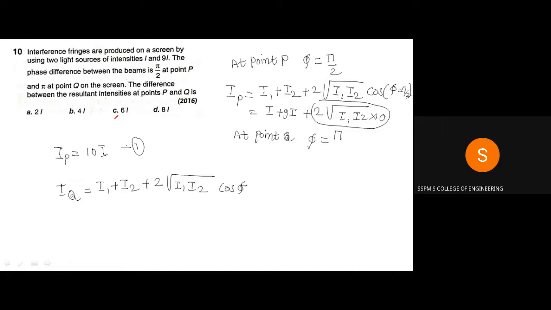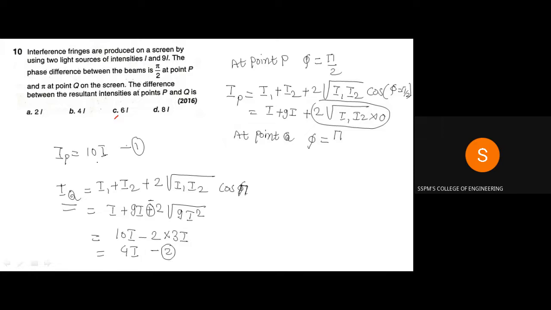What is the value of cos pi? Cos pi is minus 1. I1 is I, I2 is 9I, plus 2. Now since cos pi is minus 1, this term becomes negative: 2 into square root of I into 9I, meaning 9I squared. So it equals 10I minus 2 times square root of 9 I squared, taking 9 and I squared outside, which is simply 3I. So 10I minus 6I, that is 4I. That is the value of intensity at Q. So that is equation number 2.